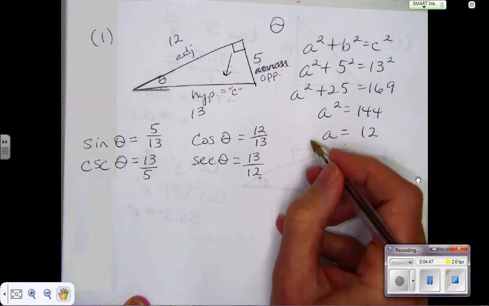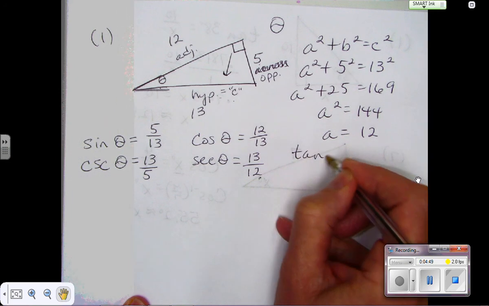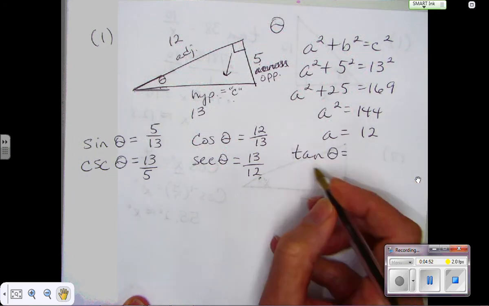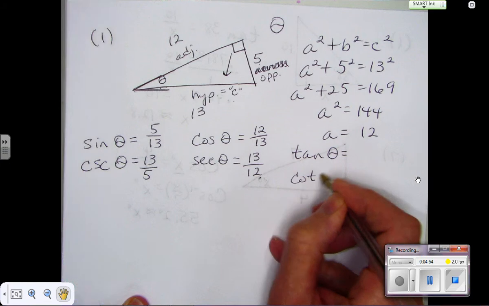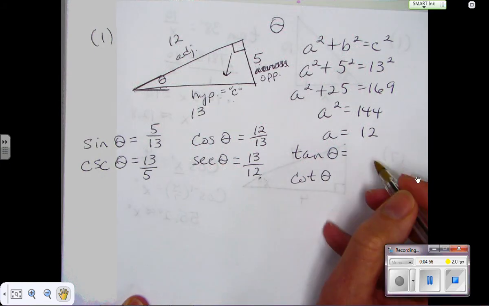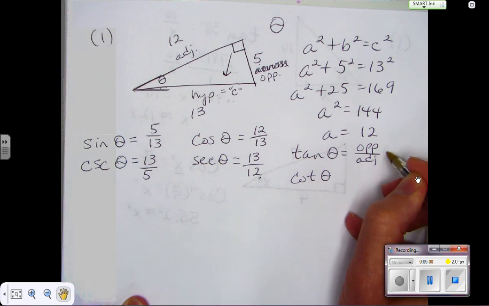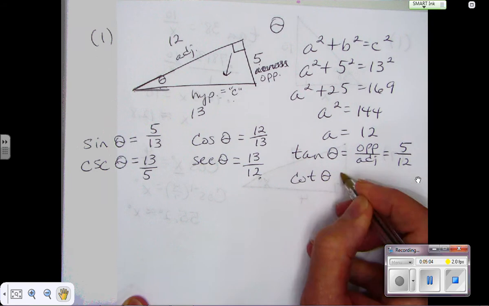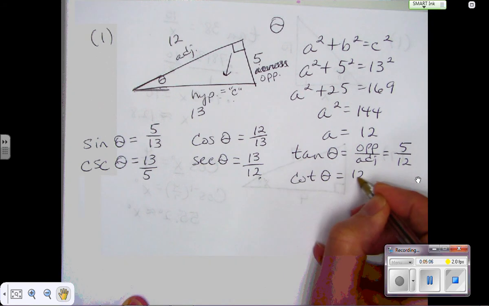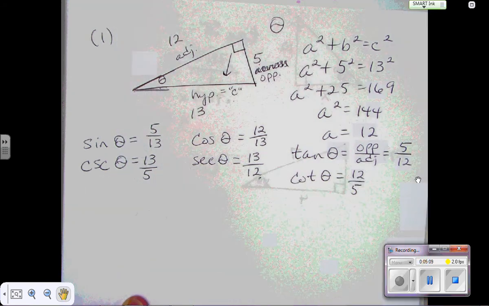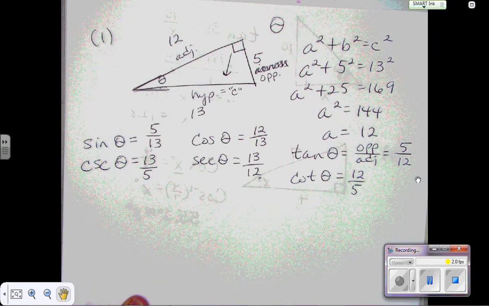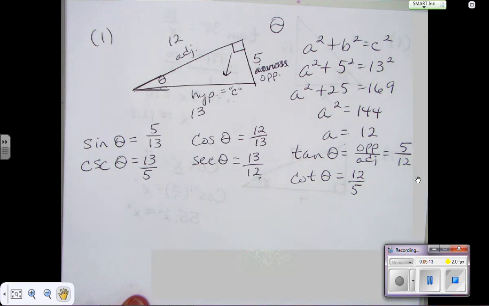Then your last ratio is the tangent of theta, and the inverse for that is cotangent. So tangent is opposite over adjacent, which is 5 over 12. And the cotangent is just the inverse of that one, so it's 12 over 5. So that's all you have to do for that part when they're wanting you to write the 6 trig functions.